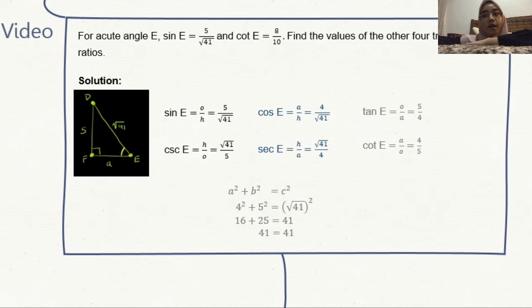So 4 square is 16 and 5 square is 25, and 16 plus 25 is 41, and 41 is 41.